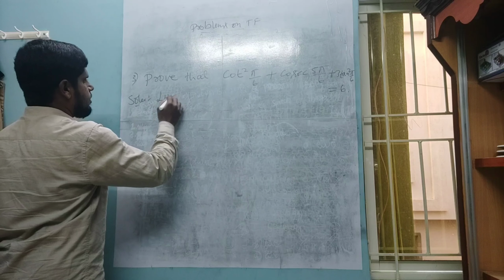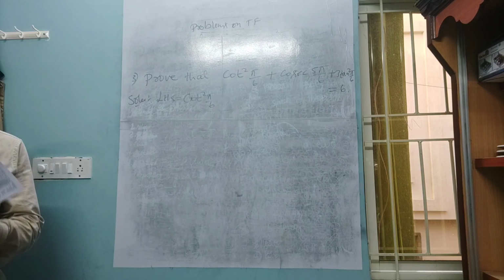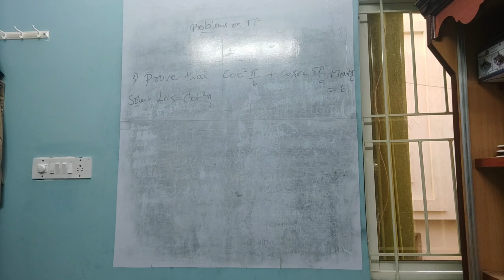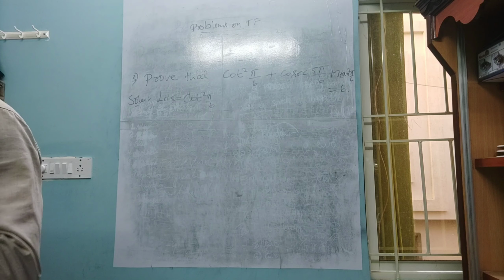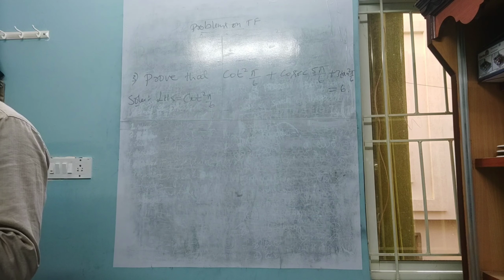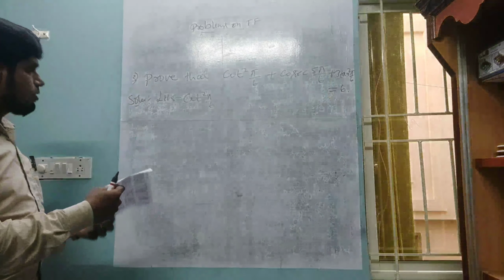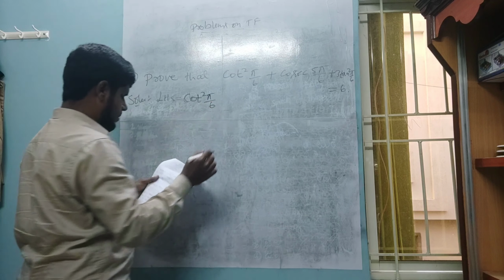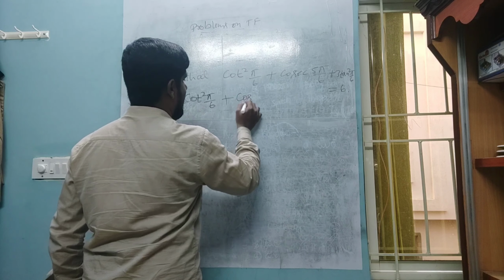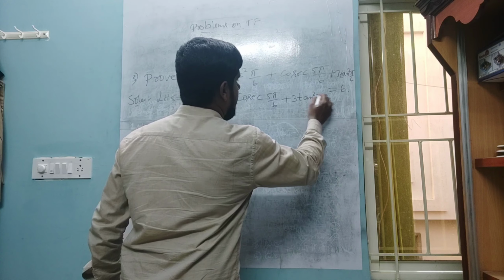So solution. Our LHS is cot square pi by 6 plus cosecant 5 pi by 6 plus 3 tan square pi by 6.